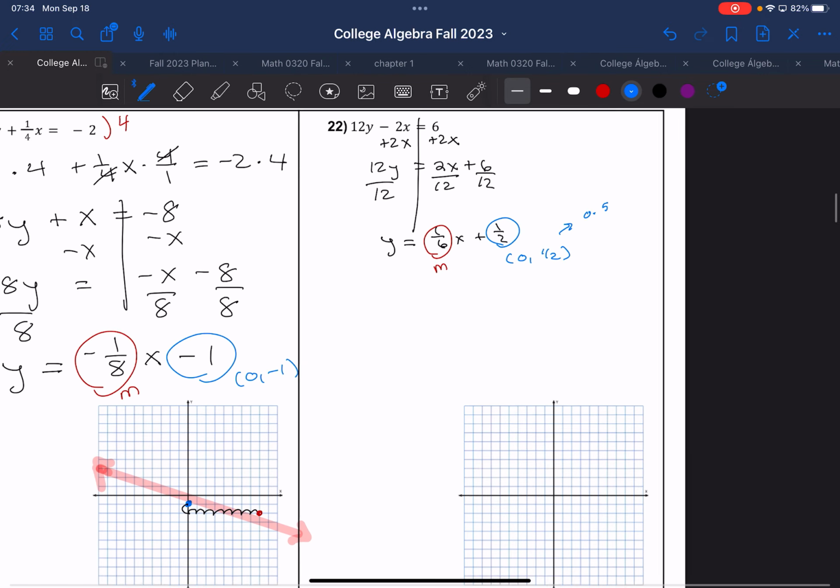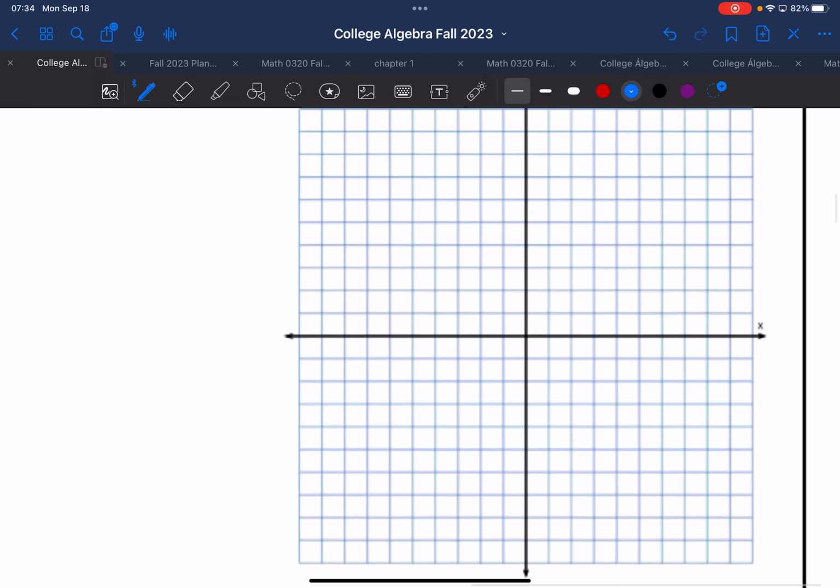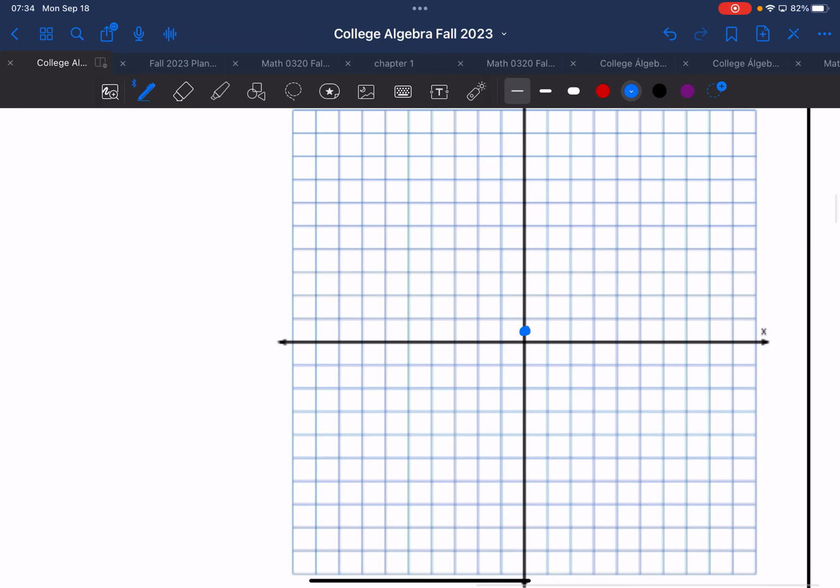Okay. So graphing that point, 0, 1/2. Going to zoom into my graph here. It's going to be right here. Notice now, since that point is in the middle of a grid, when I do my rise over run, I have to make sure that I stay consistent and keep that rise over run in the middle of the grids.